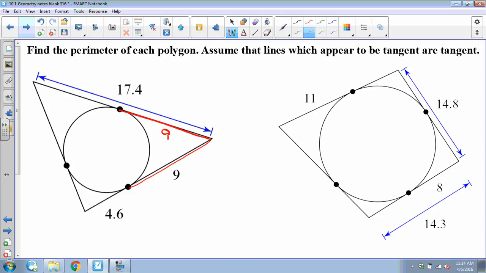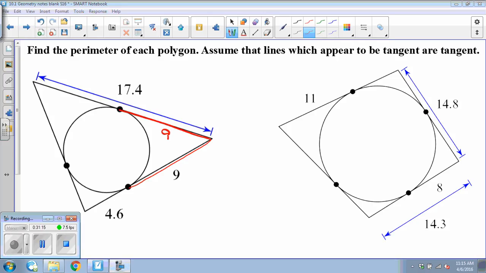Okay, that should unlock everything else for you. So 4.6, right here. Okay, now y'all can do it. 17.4 minus 9 is 8.4. Y'all work this. This is too easy.